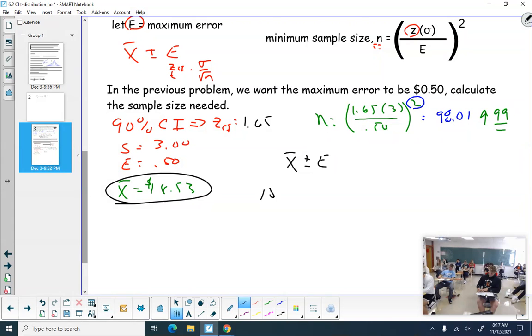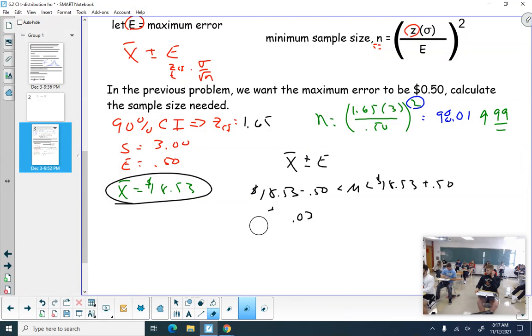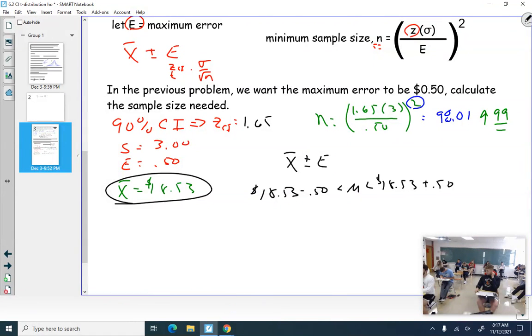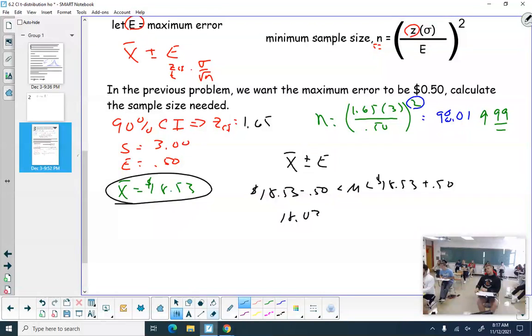We have 18.53 minus 0.50 and 18.53 plus the 0.50, or 50 cents there. So what we want is our population mean to be somewhere between $18.03 and $19.03.